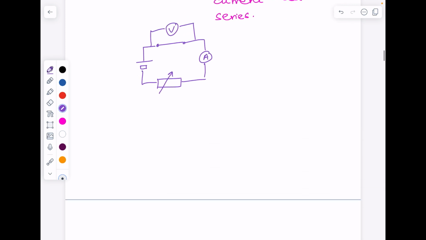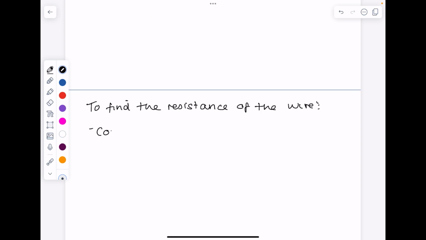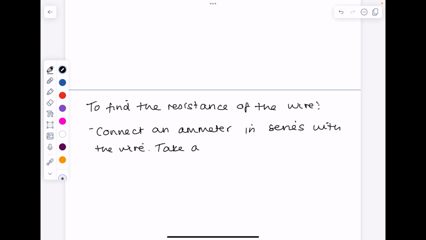I'm just going to write out this method in full now. So we're going to connect an ammeter in series with the wire, take a reading from that ammeter, and that will tell us our current.